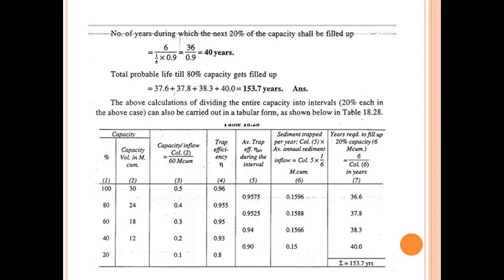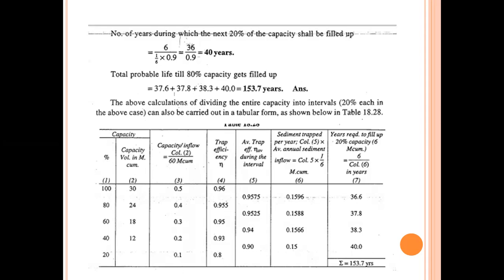So, the 30 MCM to 6 MCM reduction will take 153.7 years. The same procedure is also represented in a table. So we follow the stepwise procedure or the table form.